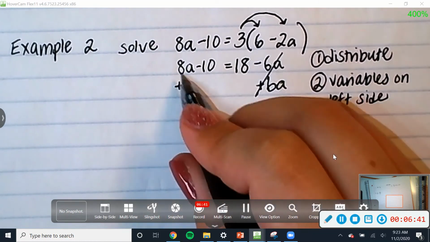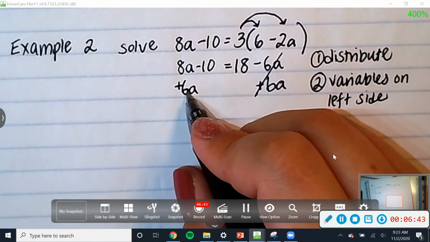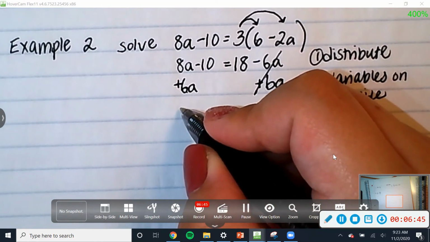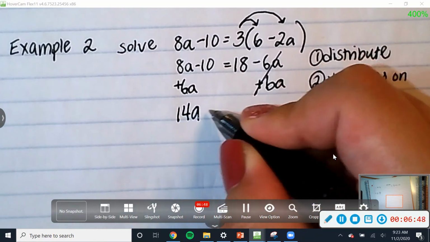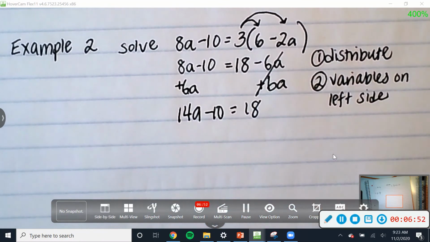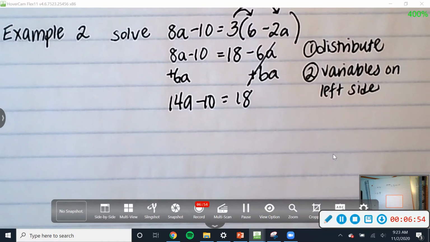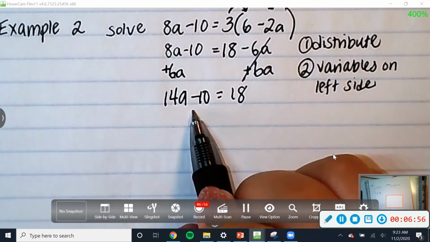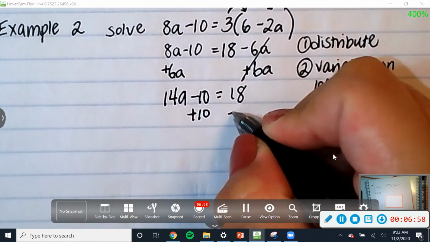When I add 8a plus 6a, I get 14a minus 10 equals 18. And then next I just solve with the constants first, so plus 10 to both sides.